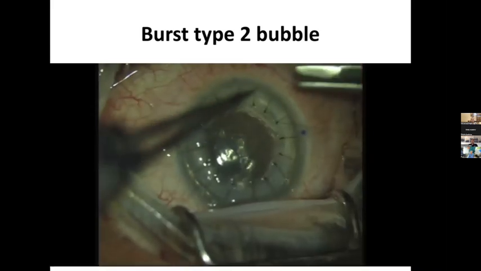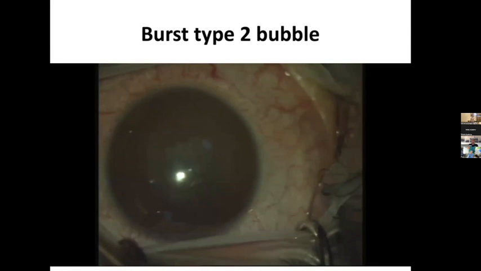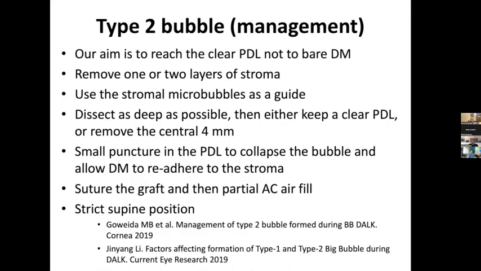So how to manage a type 2 bubble? Remember that our aim is to reach the clear predescemetic layer and not to bare Descemet membrane. We can start by removing 1 or 2 layers of the stroma and use the stromal microbubbles as a guide.